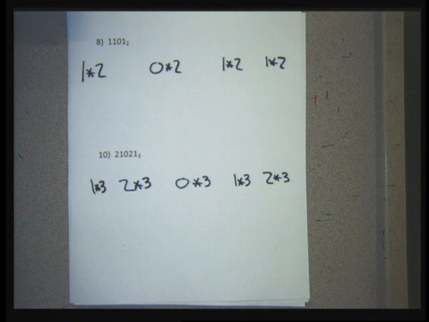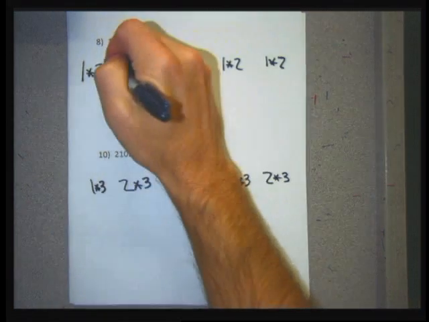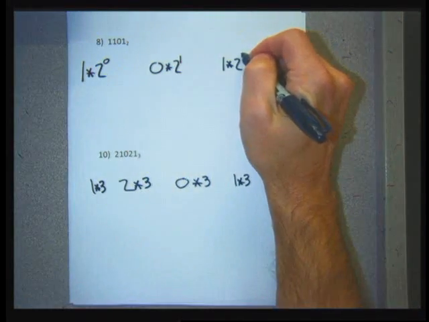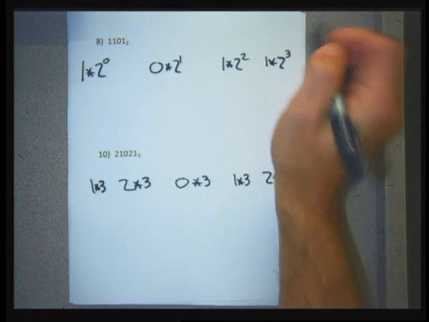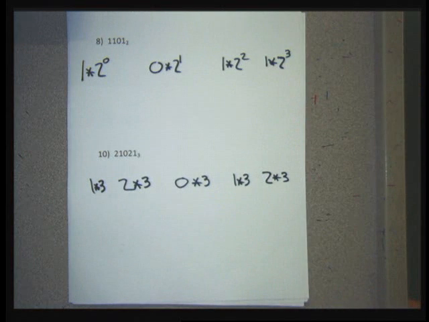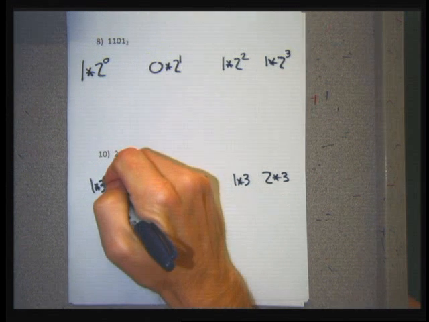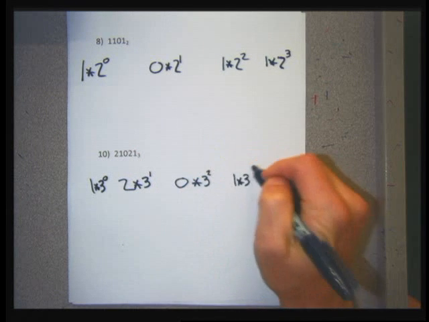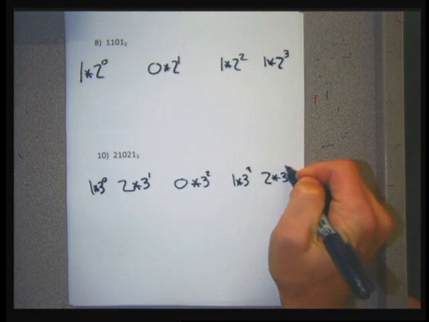And before I get into these problems, I need to put exponents with the base. I start with 0, and I work my way up until I'm done. So in problem 8, the exponents on the base are going to be 0, 1, 2, and 3. In problem 10, I start with an exponent of 0, go to 1, go to 2, go to 3, and go to 4.